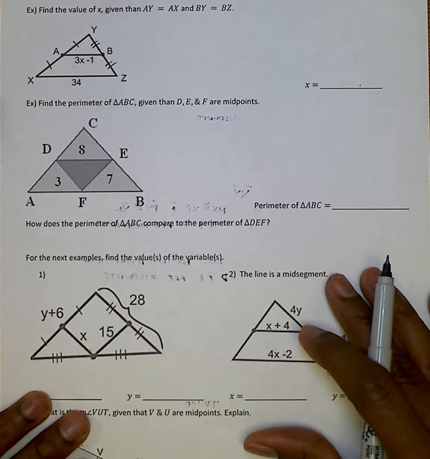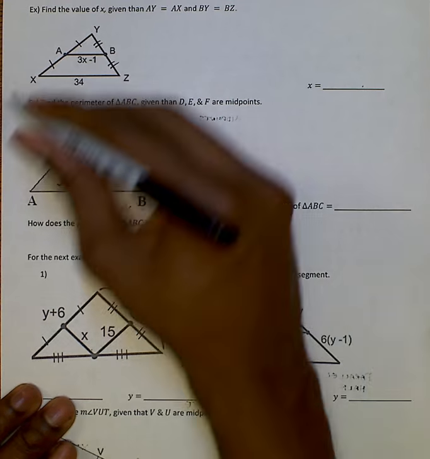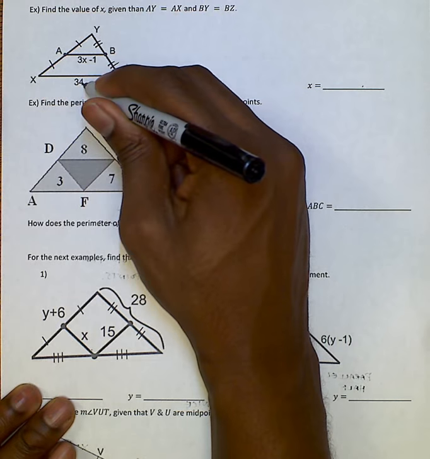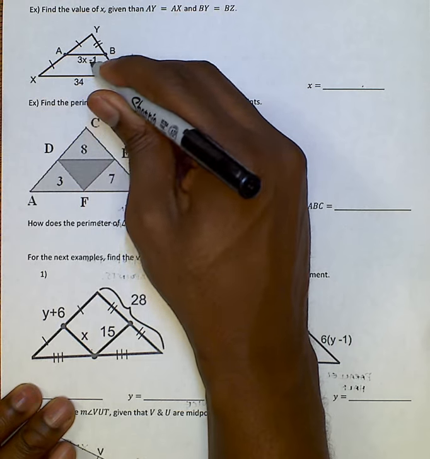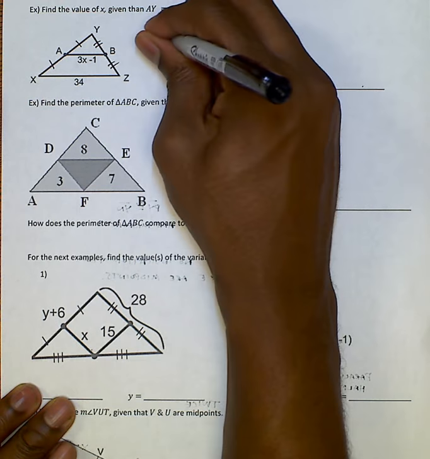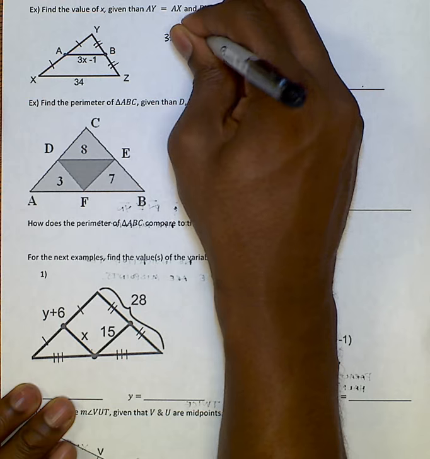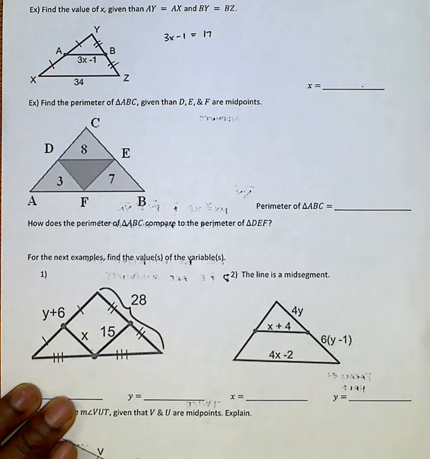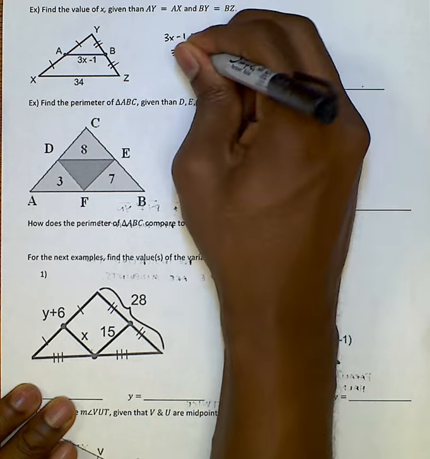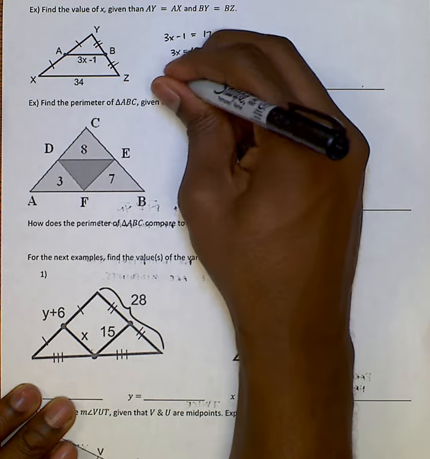That helps us out because we know that the midsegment is half the side it's parallel to. So 3x minus 1 is half of 34. That's 34 divided by 2, 17. So 3x equals 18, and x will equal 6.